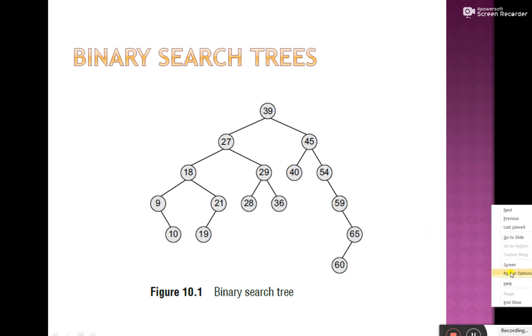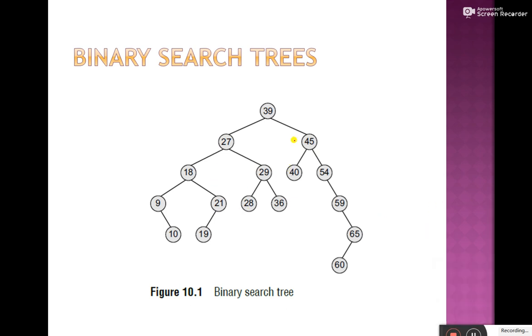Now if you can see this figure, this is a root node, 39 is the root node. Here you have a left subtree and a right subtree. All nodes to the left of 39 are smaller than 39 and all nodes to the right of 39 are greater than 39.